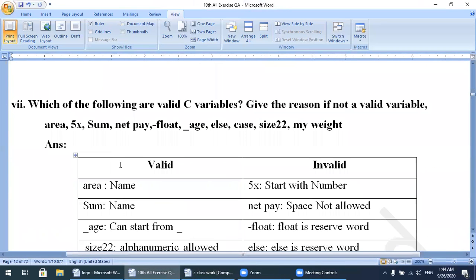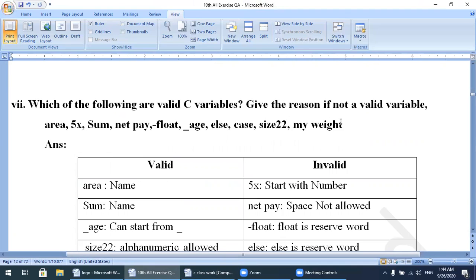Okay, next topic, next question. Which of the following are valid C variables? Give a reason if not a valid variable. Area, 5x, sum, net space pay, minus float, underscore age, else, case, size 22, my weight.